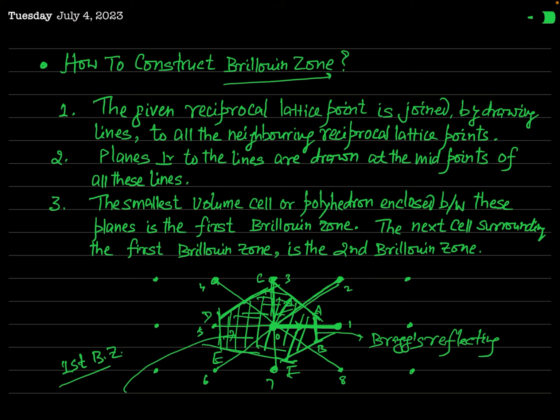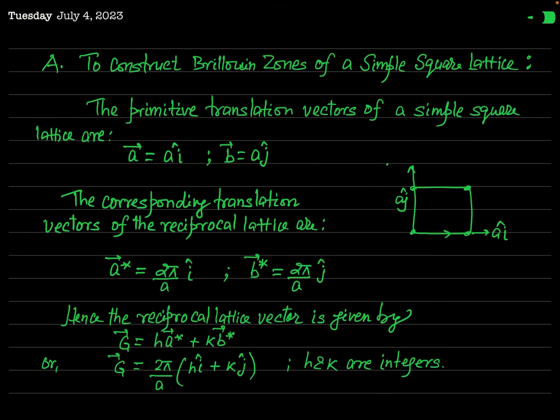But this idea of the Brillouin zone and its construction will be very clear to you when we take a proper example. So as I have told you, in this first lecture on Brillouin zones, we will consider the construction of the Brillouin zone of a simple square lattice.